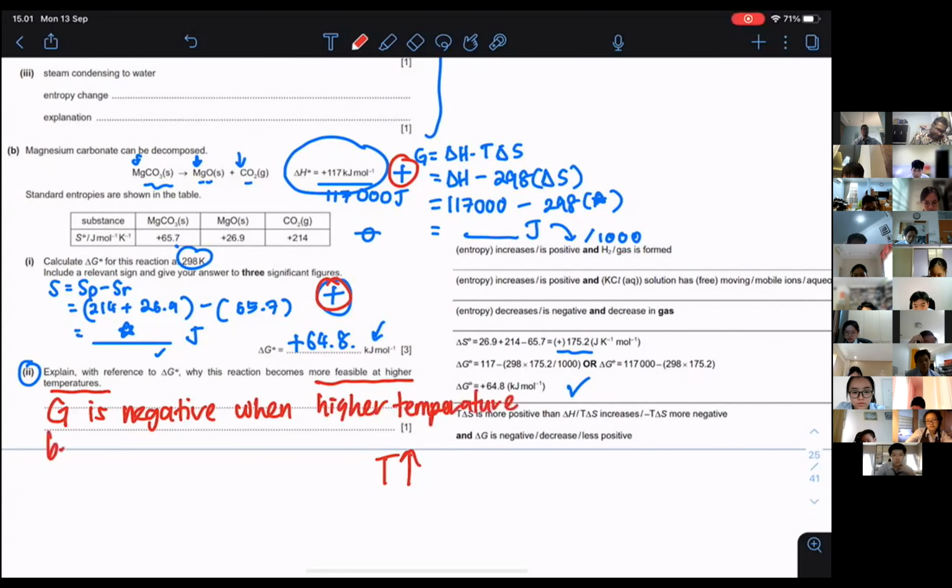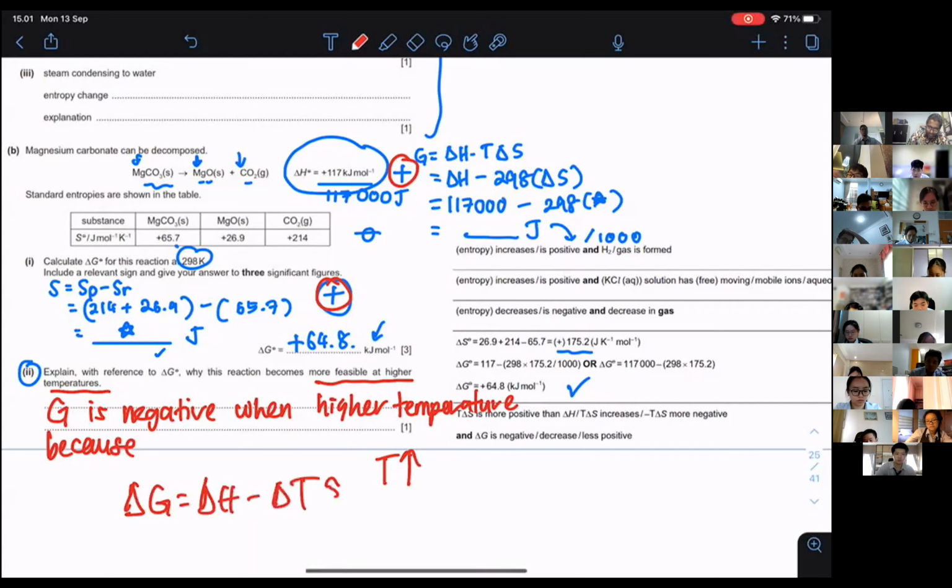You need to mention because what will happen? Delta G equals delta H minus T delta S. I know this value is 117.